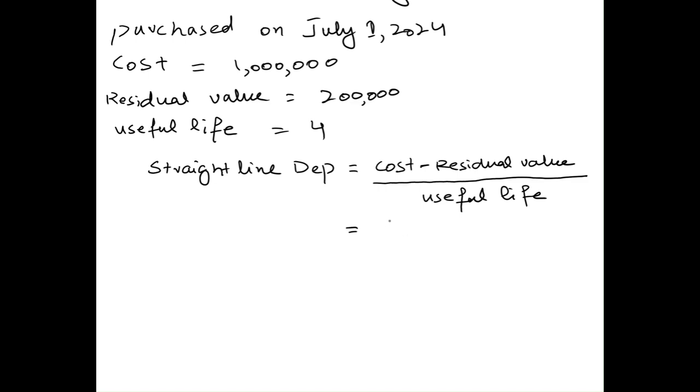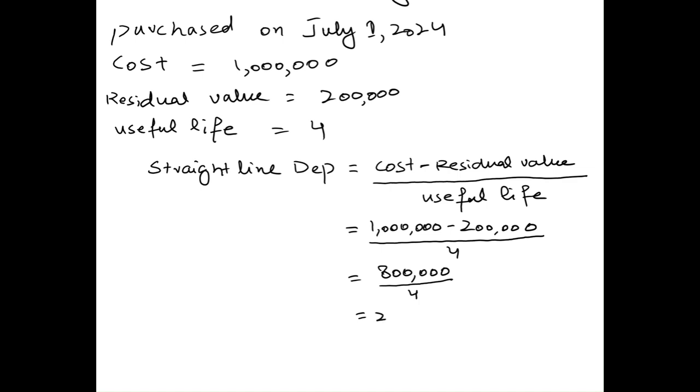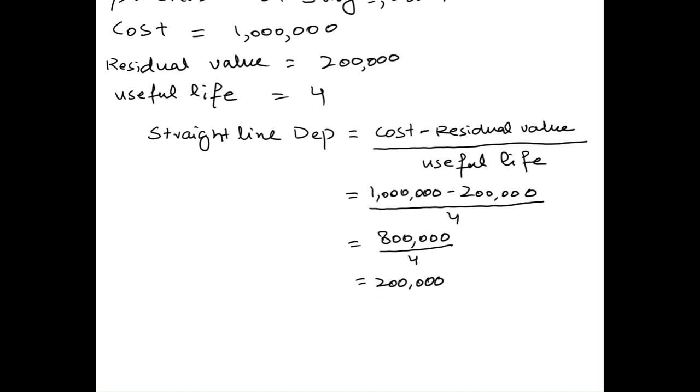So in this case, the cost is $1 million minus $200,000 residual value, and then we divide it by 4. This comes out to be $800,000 divided by 4, which is equal to $200,000.